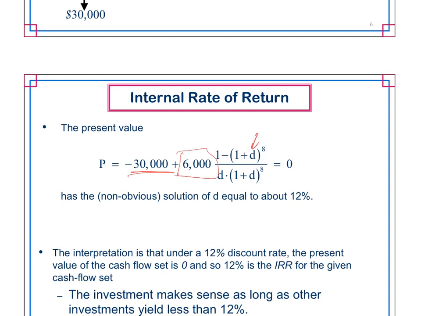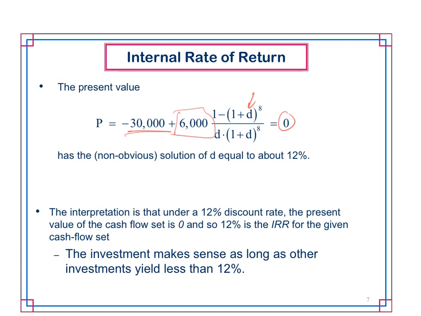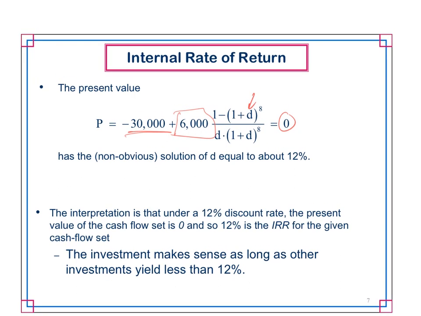Now I need to figure out the interest rate so that the difference between what I outlay versus what my annuity values are sets that equal to 0. So essentially my PV function is going to be equal to 30k divided by 6k, which is equal to 5.